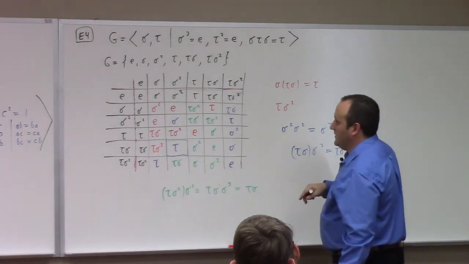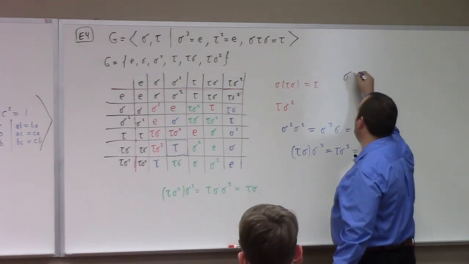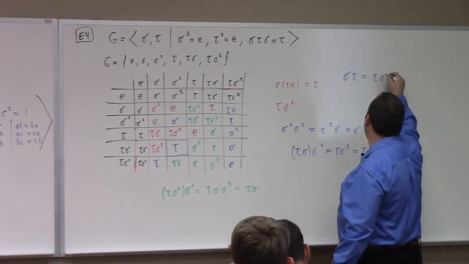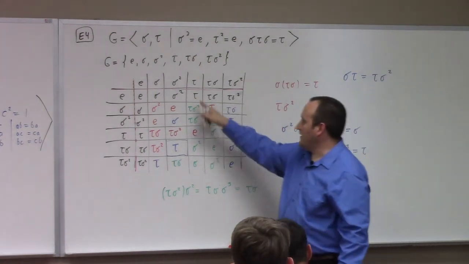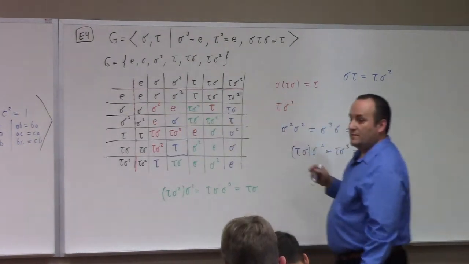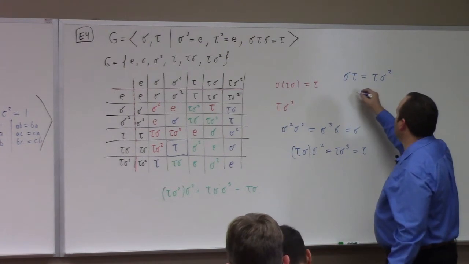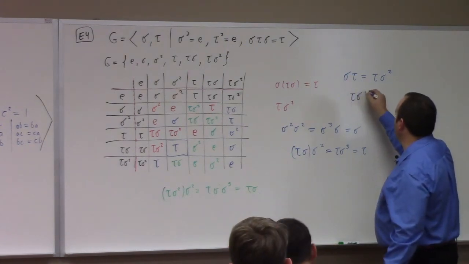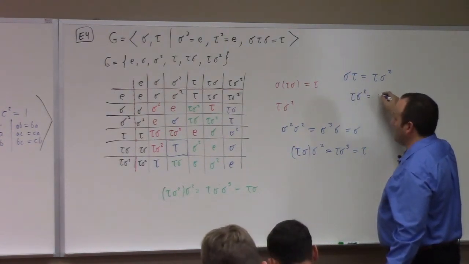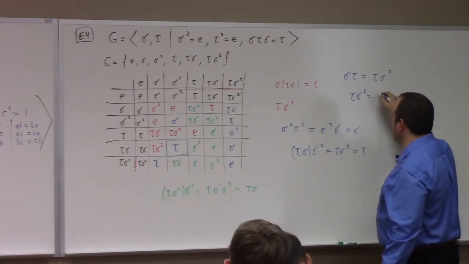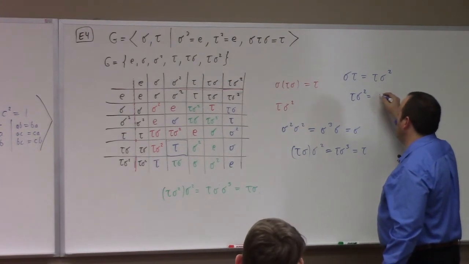For example, the fact that sigma tau is equal to tau sigma squared. That's one of my claims that I haven't justified yet, right? How do you derive this? Start with tau sigma squared. Because sigma cubed equals e means that sigma squared equals sigma inverse.